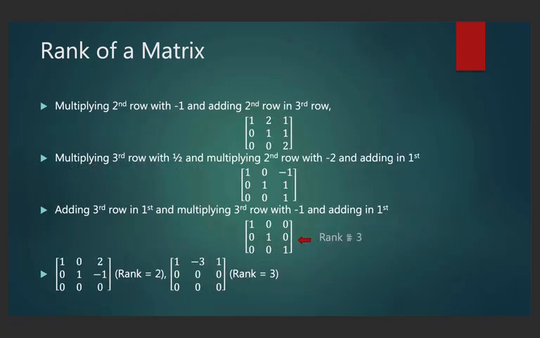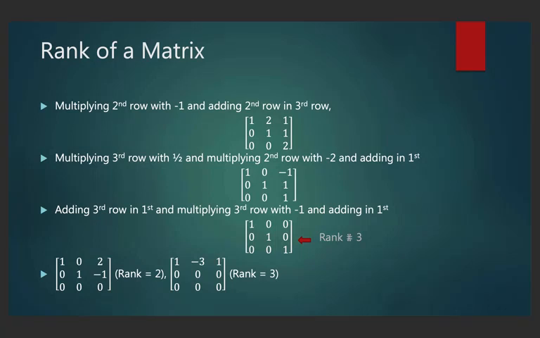Next you can see we multiply the second row by minus 1 and add the second row to the third row. We get the 0 0 form. Multiplying the third row by half and multiplying the second row by minus 2 and adding to the first, we get the 0 0 1 0 1 1 form. And adding the third row to the first and multiplying the third row by minus 1 and adding to the first. So the rank is 3 since there are 3 non-zero rows.